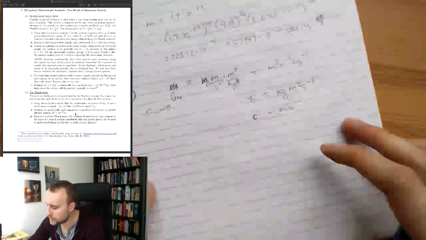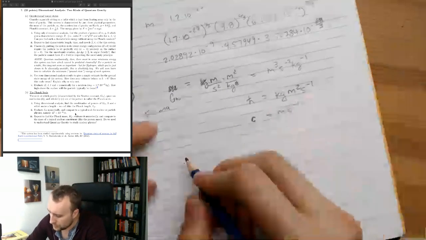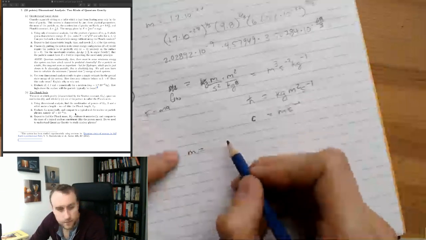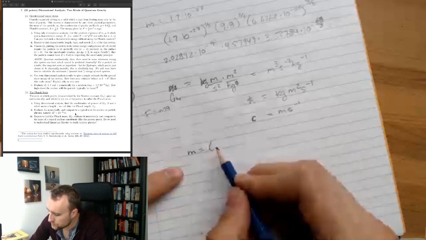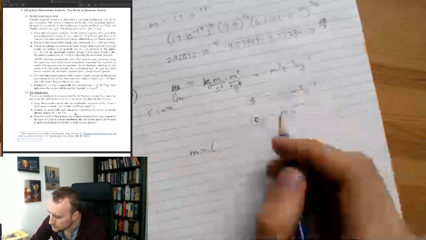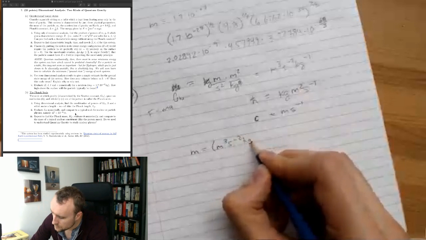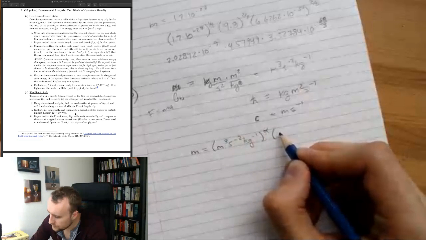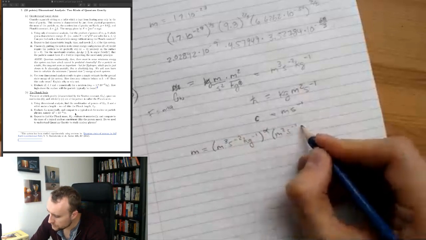So let's go through here and do this one like we did the other ones. So we want to get meters, and we need to have some amount of Newton's constant. So we're going to have Newton's constant, which is this thing here, some amount of this, which I'm going to put in the same order: meters squared, minus 1 kg.